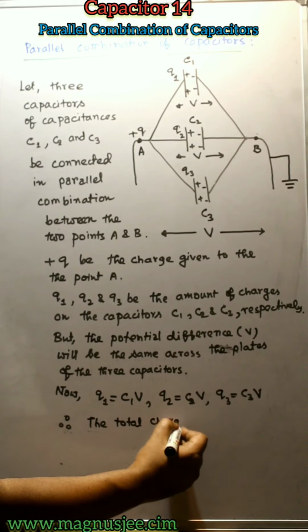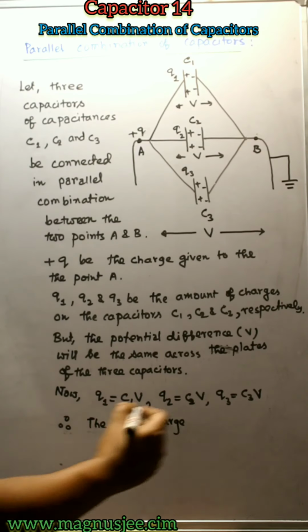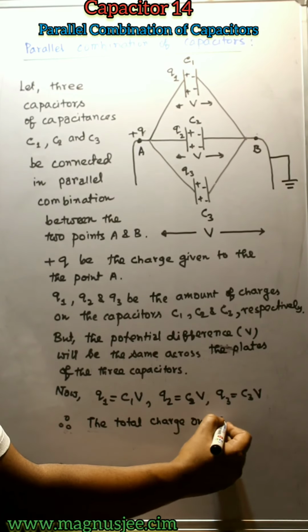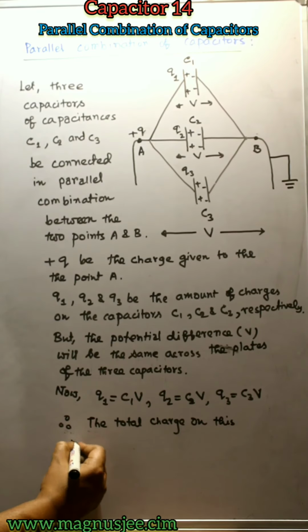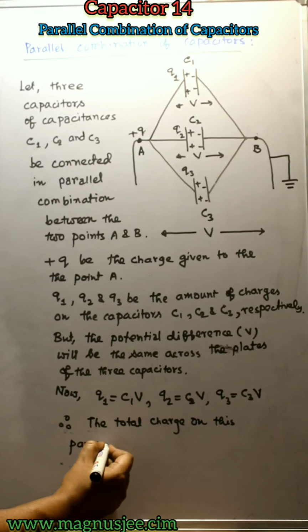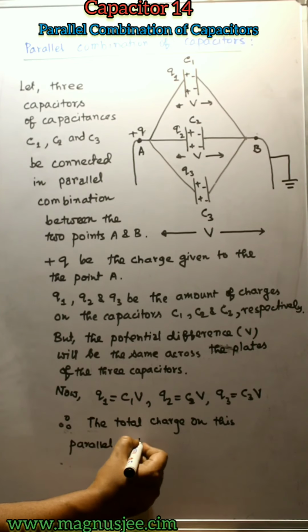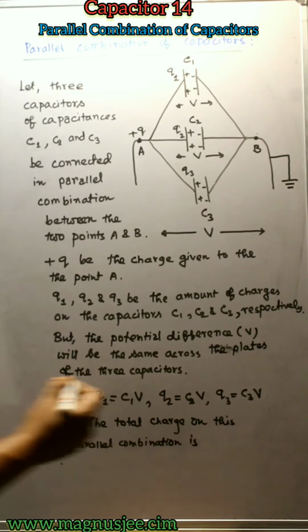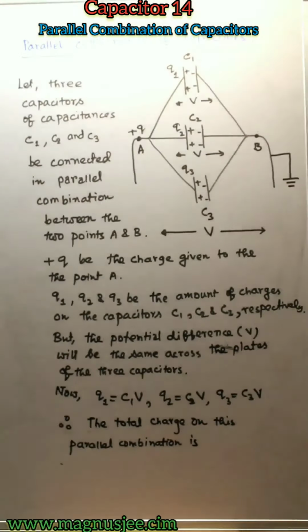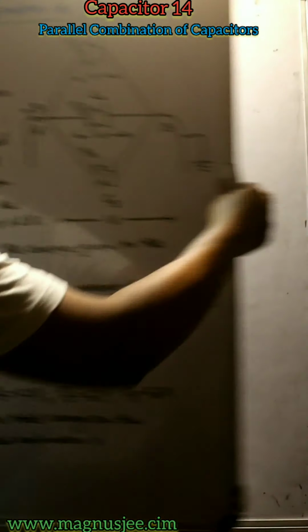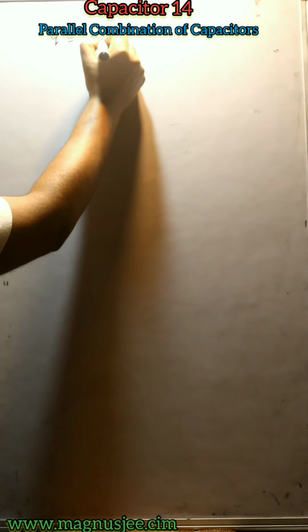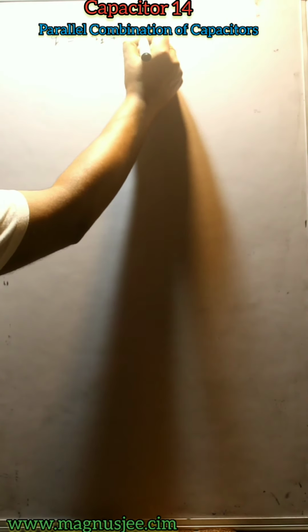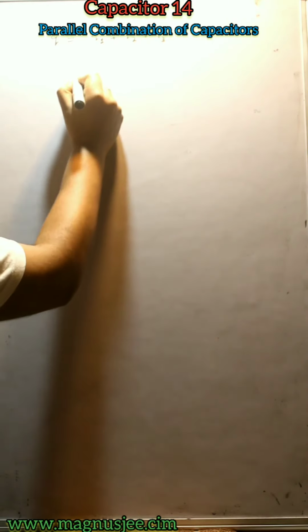Therefore, the total charge on this parallel combination of capacitors is given by Q equals Q1 plus Q2 plus Q3.